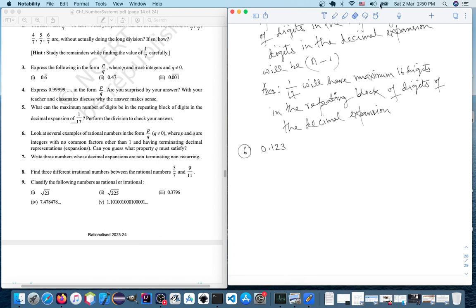Any terminating decimal representation, decimal expansion, will have some fixed number of digits after the decimal point.